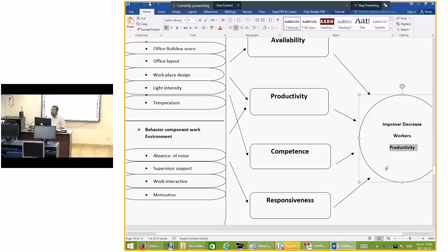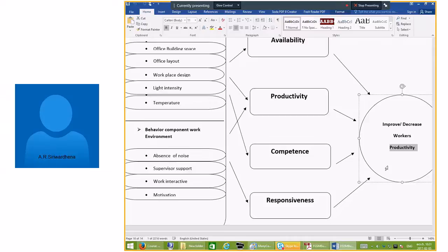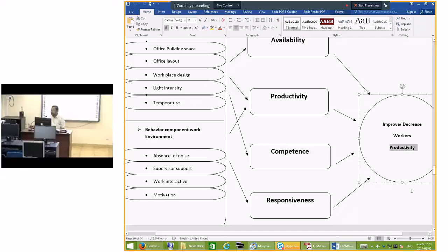Then how do you assess that productivity? Through availability, productivity, competence, and responsiveness. Yes, then you take those as the variables under productivity. It is clear. Then everyone can understand.